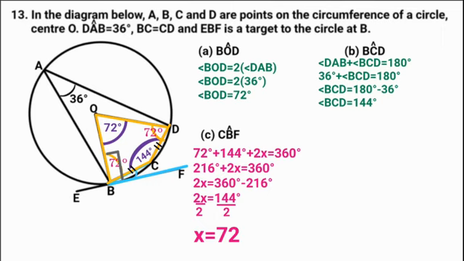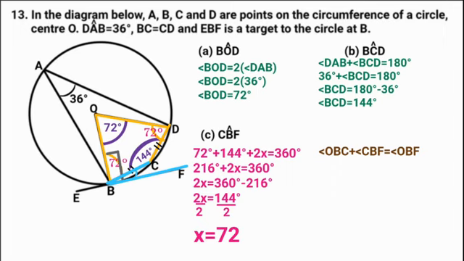Angle OBC plus angle CBF is equal to OBF, which is 90 degrees, as you can see from the drawing.